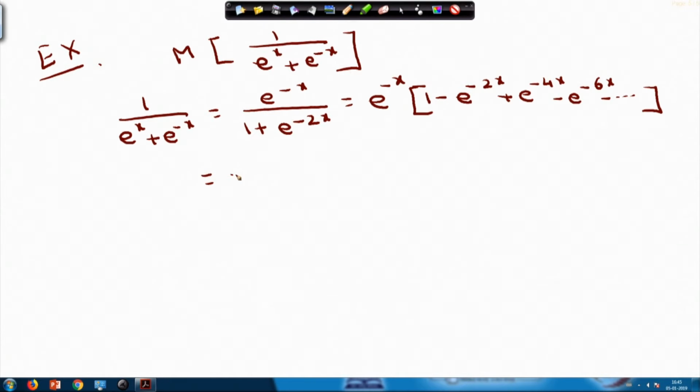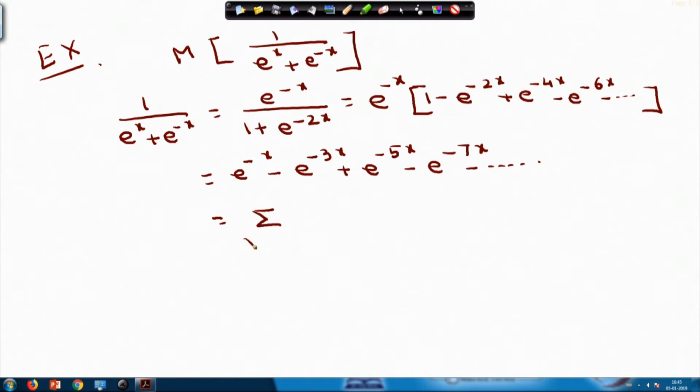If I multiply e to the power minus x with this series, I get e power minus x minus e power minus 3x plus e power minus 5x minus e power minus 7x, and I will continue like this. I can write this as a series, summation n equals 0 to infinity, minus 1 to the power n into e power minus twice n plus 1 into x.